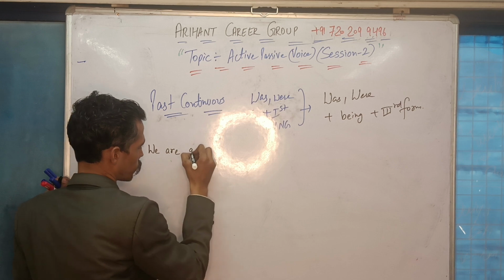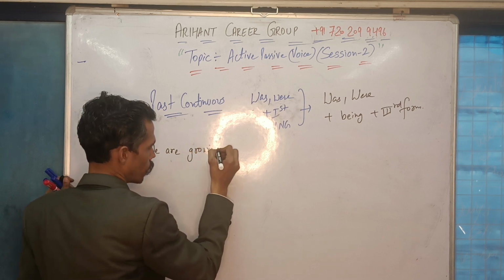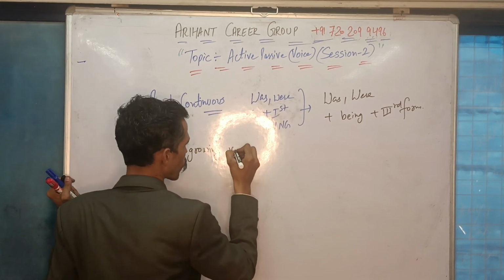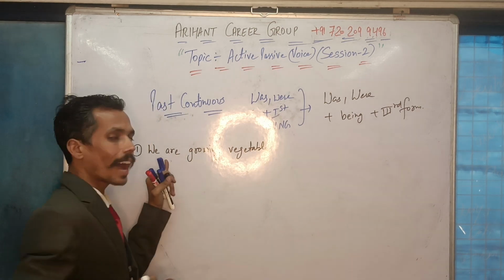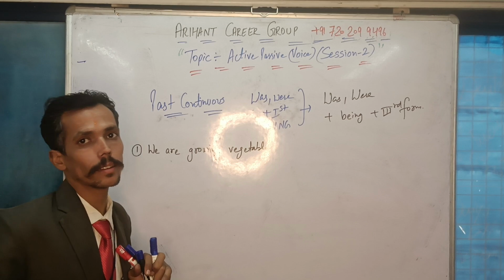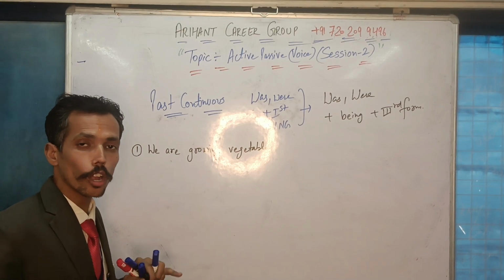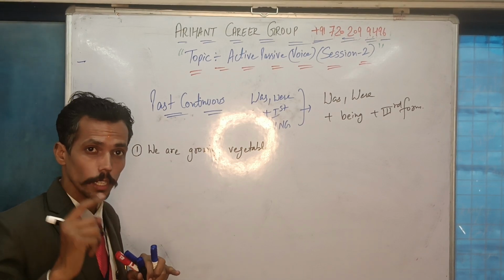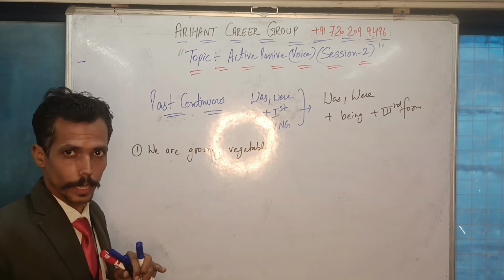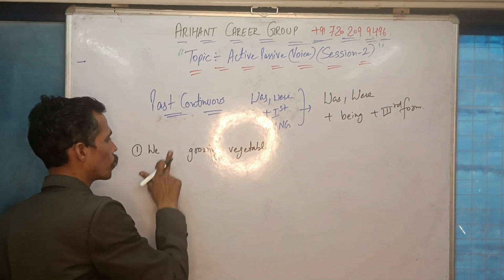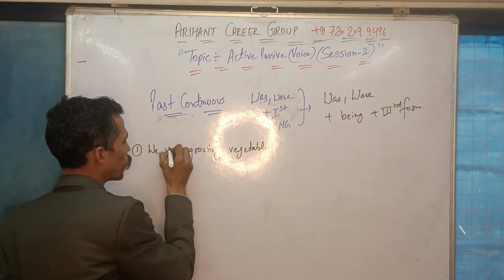Okay, please note down three sentences I'm giving you. We are growing vegetables. So if I use are, that means it is present continuous tense. But I am going to talk about past continuous, where you are necessarily given was or were plus first form plus ing. So this is supposed to be was or were, but it is plural. That's why I will be writing were.